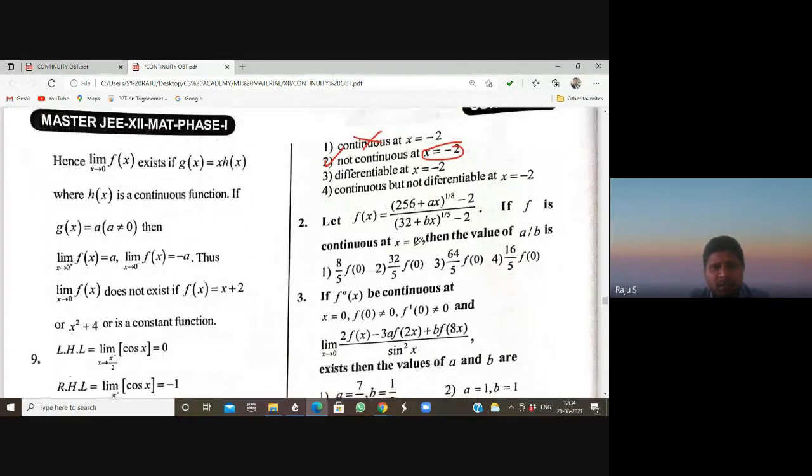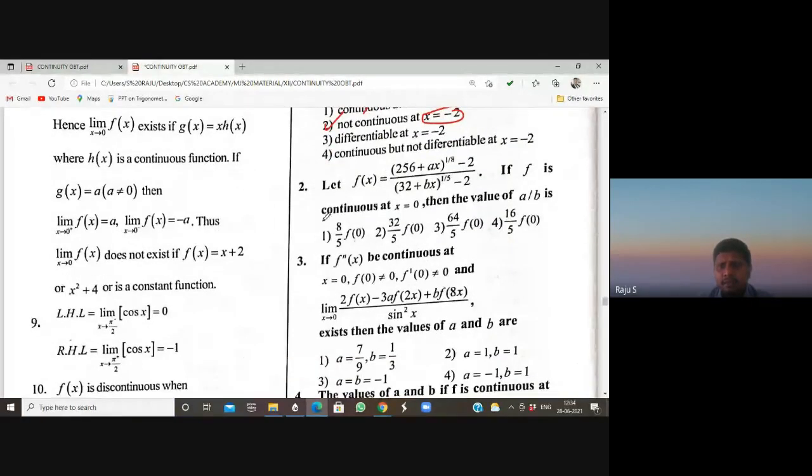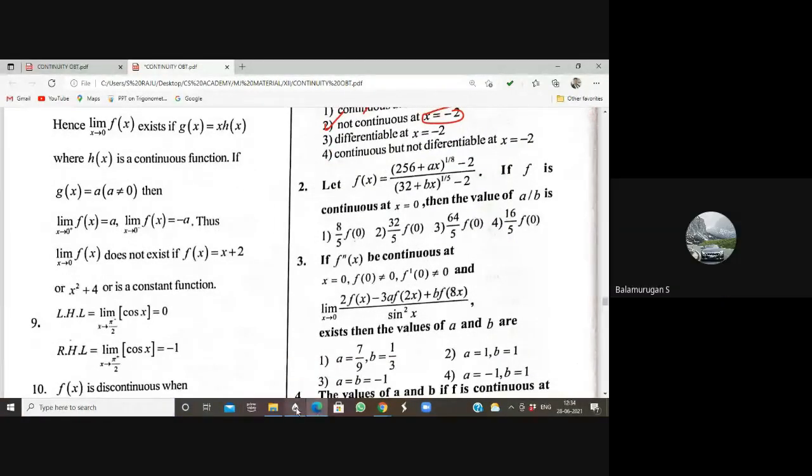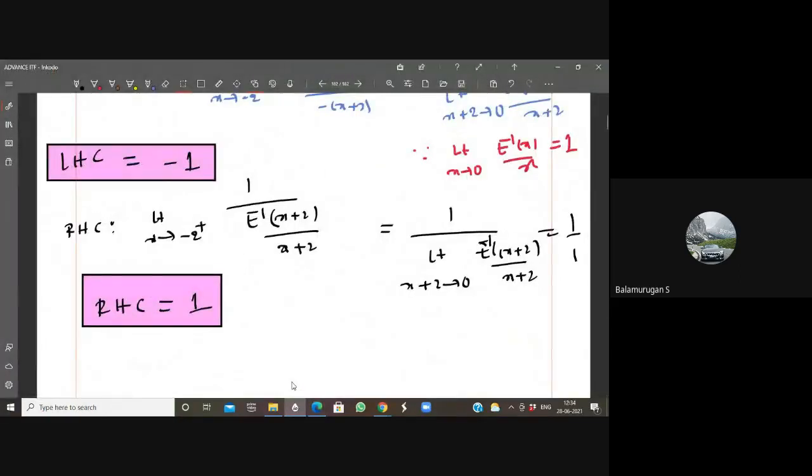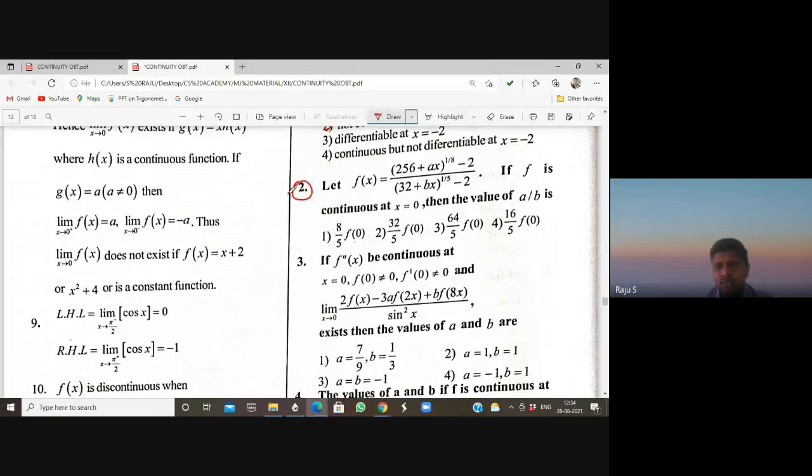Here question number 2 is like, can you show the slide, sir? Okay, sir. See question number 2. F of x value is 256 plus x whole to the power of 1 by 8 minus 2. They are asking the value of a by b in terms of f of 0.